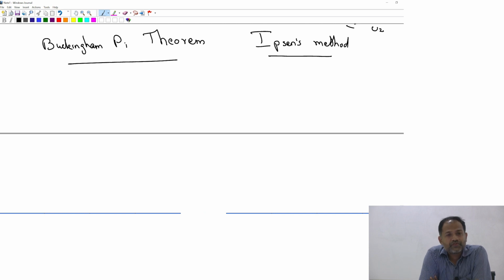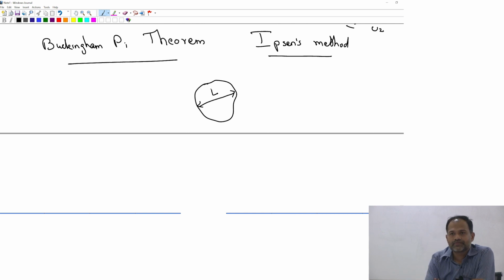The situation that we are going to consider is the one we actually started with when we began non-dimensional analysis, which is flow past a body. We have some object of some characteristic size L, and then there is a fluid that's going to go past it.